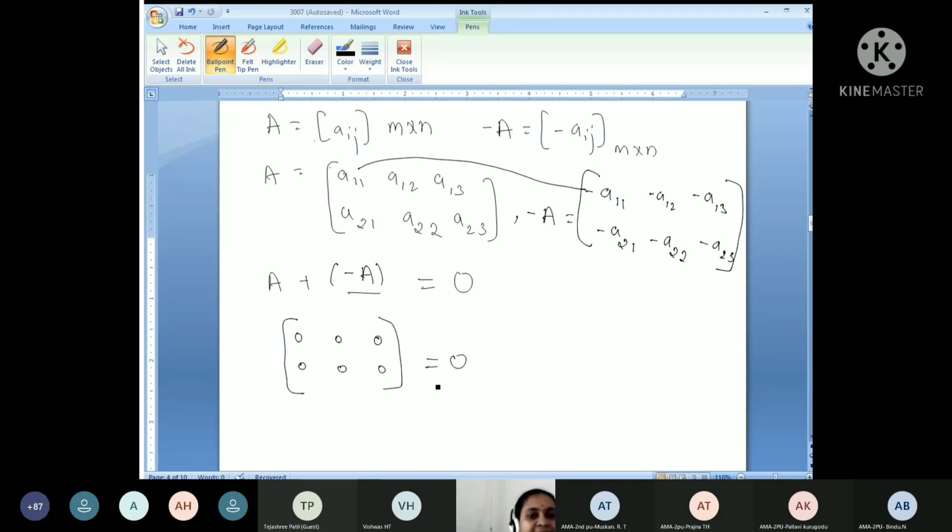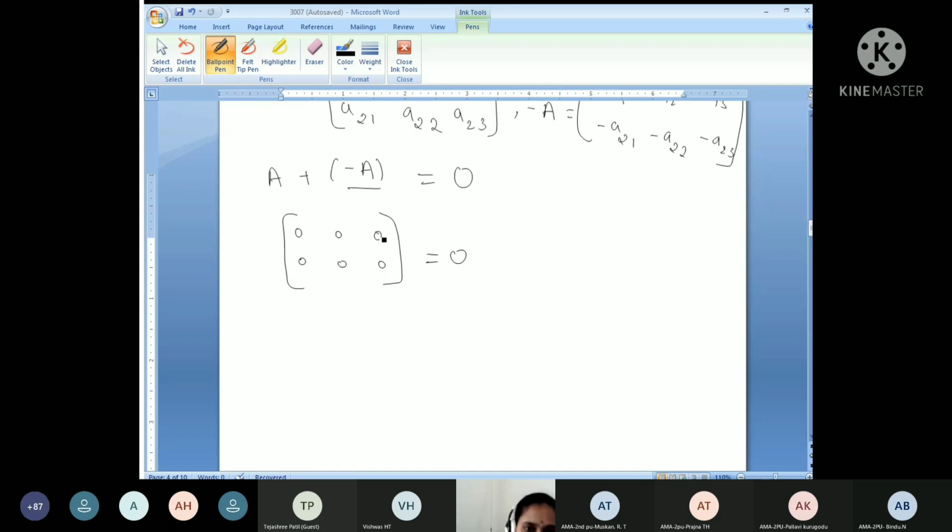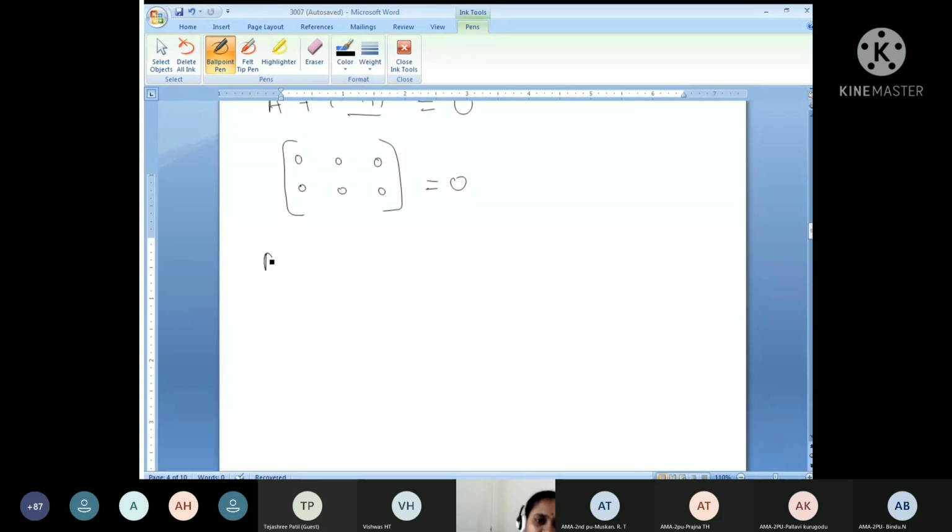For every matrix A of order m by n, there exists an additive inverse, that is minus A of the same order, such that this is the property you have to write like this: A plus minus A is equal to minus A plus A is equal to 0.